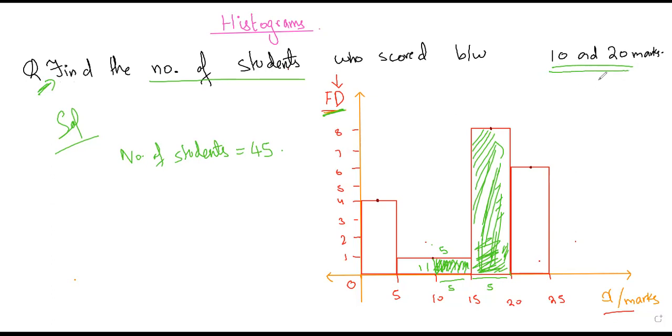Obviously in this case he's saying number of students, it could have been number of kites, number of cups, number of clothes, it depends on the scenario. All you need to do is find the area of the bars. Which bars exactly? You need to think about it. Between 10 and 20, I've stated all the bars that were coming between 10 and 20, and then I've just used the formula for area of a rectangle, and that is it.